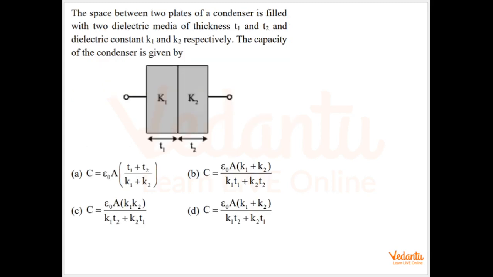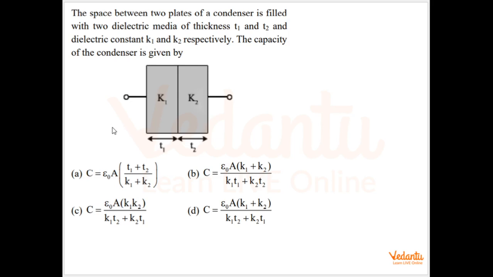In the next question, the space between two plates of a condenser is filled with dielectric medium of thickness T1 and T2 and dielectric constant K1 and K2 respectively. We have to calculate the capacity of this condenser.